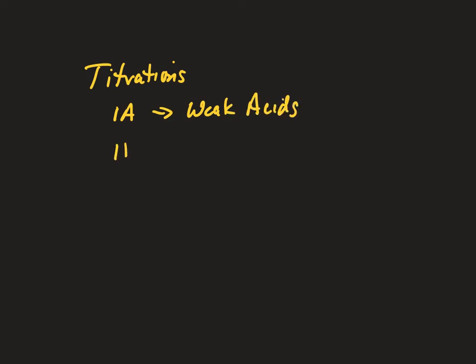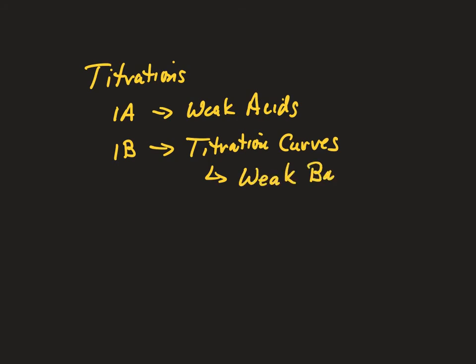So that finishes our conversation about titrations. In the first video, 1A, we focused on titrations of weak acids. In 1B, we looked at titration curves, and then we extended to titrating weak bases.